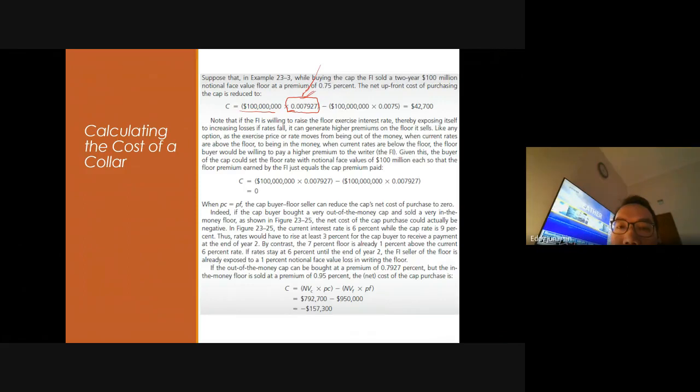How much is it? 0.75%. No, no, 0.79%. This is the premium, right?